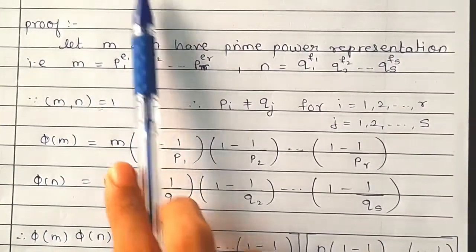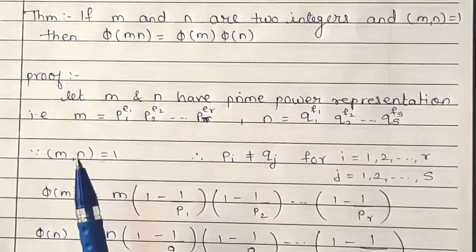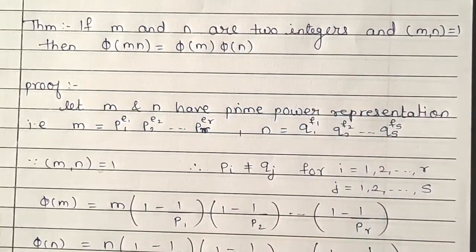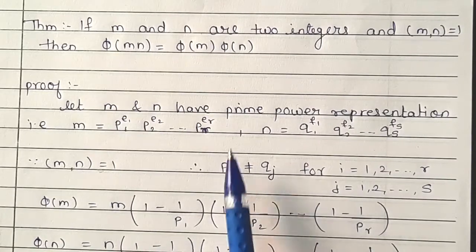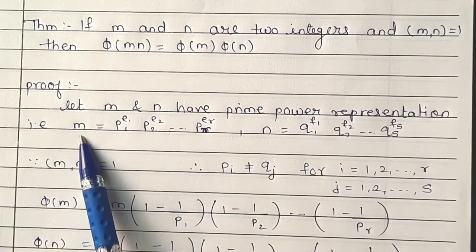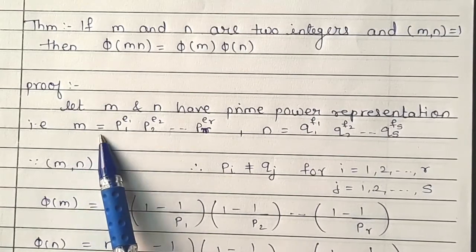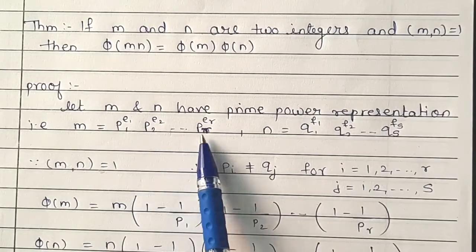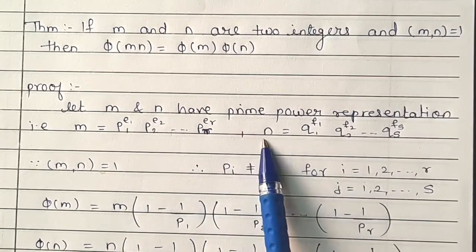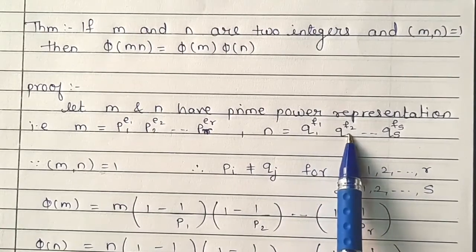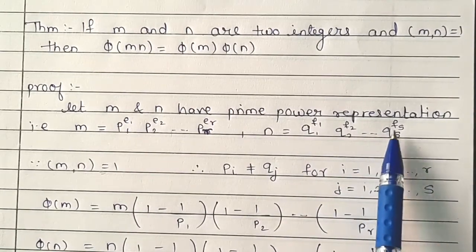Here we are given m and n are two integers. So for that we take the prime power representation for m and n. We write m is equal to P1 raised to E1, P2 raised to E2, and so on Pr raised to Er, and n is equal to Q1 raised to F1, Q2 raised to F2 and Qs raised to Fs.